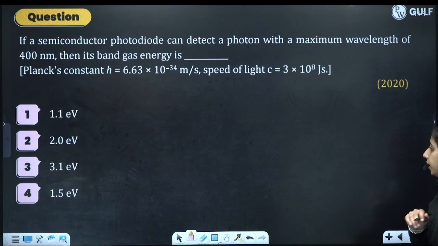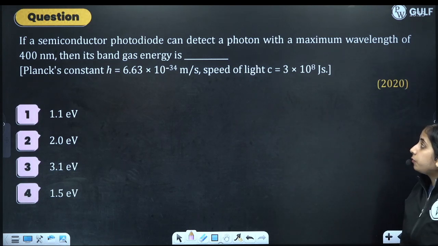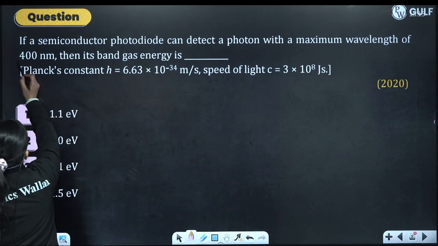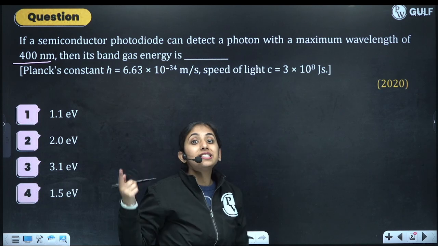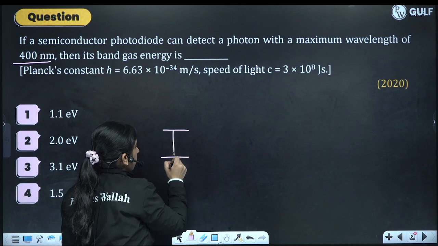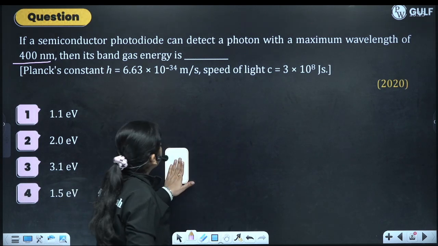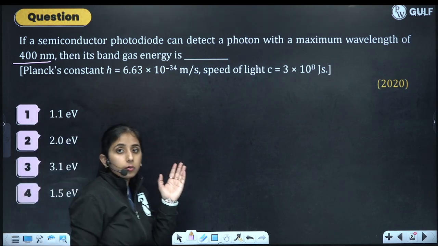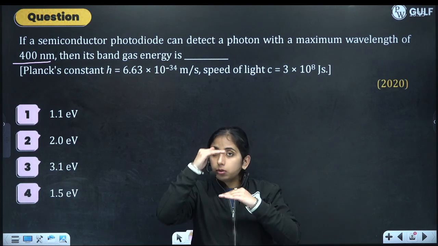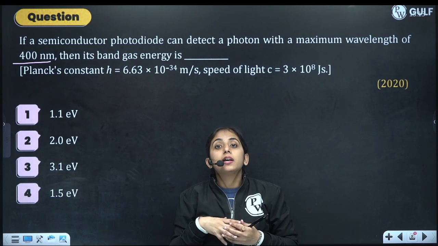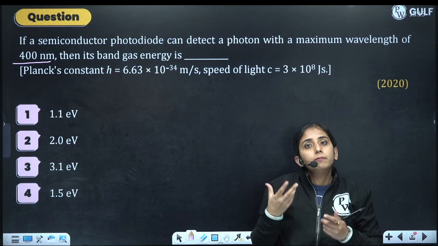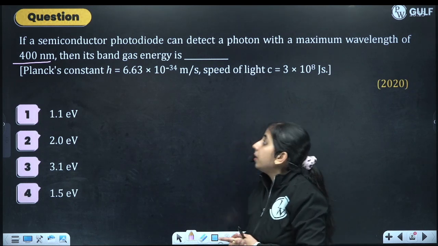Okay, next question. If a semiconductor photodiode can detect a photon with a maximum wavelength of 400 nanometer, so lambda maximum is given. It means E minimum for a semiconductor photodiode.